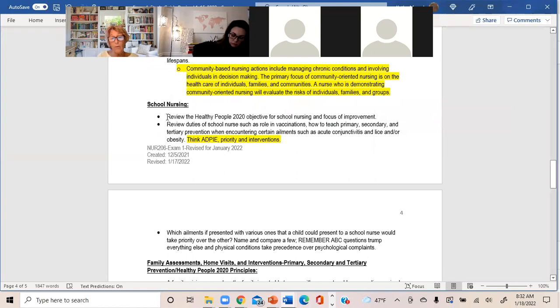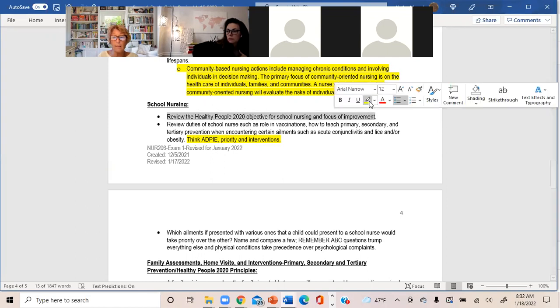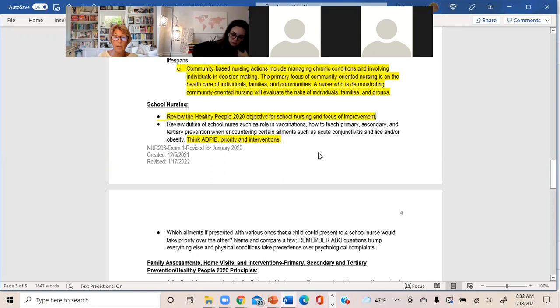Review. So here for school nursing, it says review Healthy People 2020 objective for school nursing. So that potentially tells me that there may be a question with regards to the goals and objectives of school nursing in chapter 31. So that would tell me, oh, I better know that box of Healthy People 2020 in chapter 31.